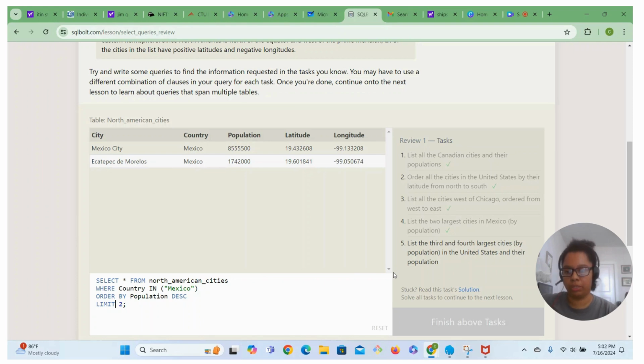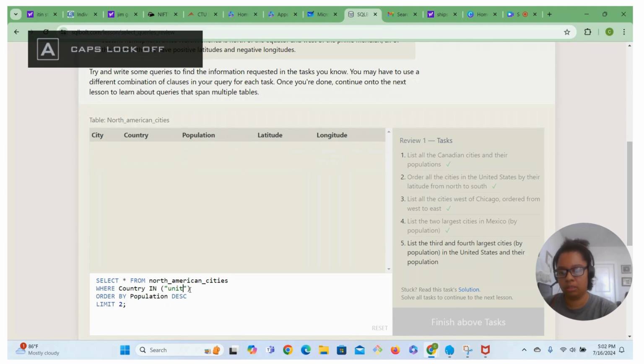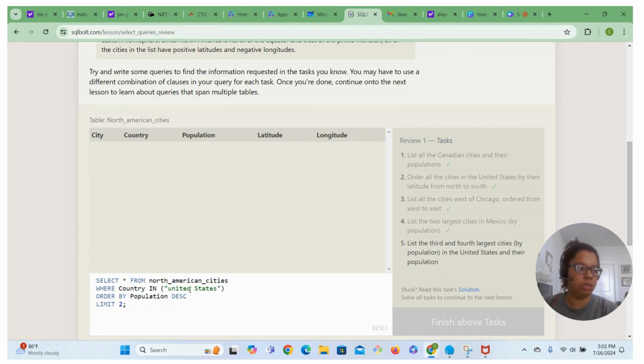and their population. Okay, so we're going to leave this again the same here. We're going to be saying United States in here instead. And we are going to order by population descending. And we also have to have an offset here of 2.